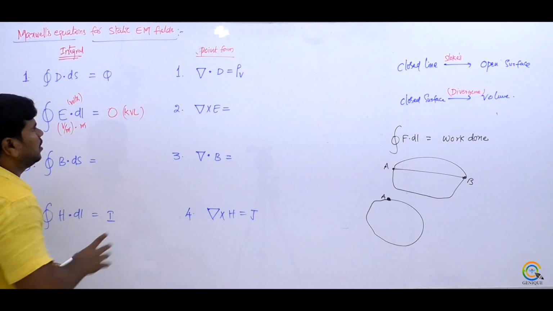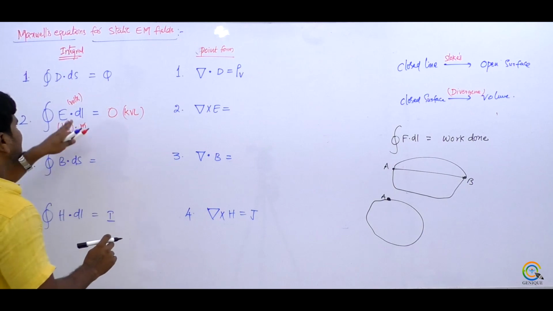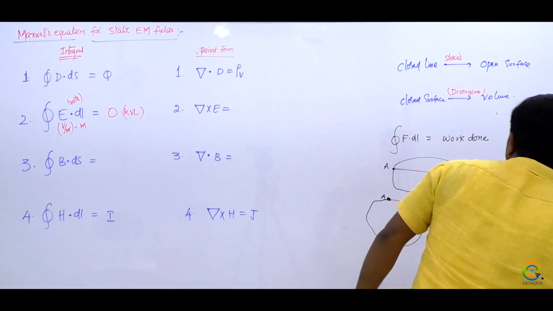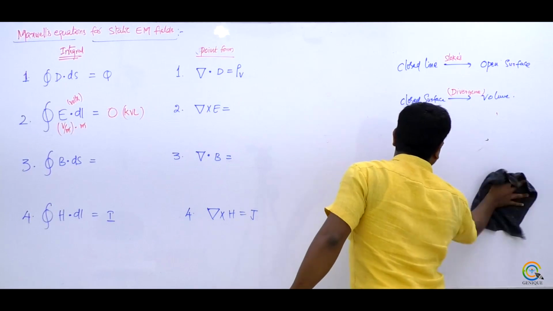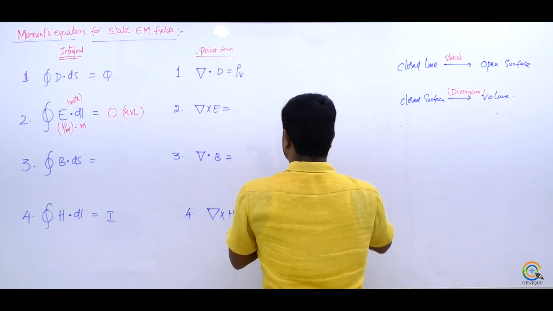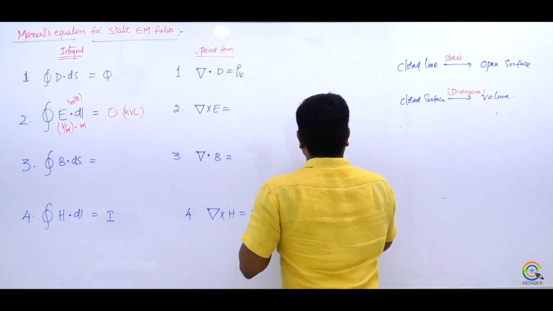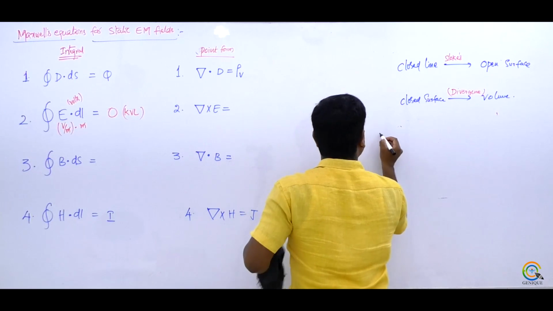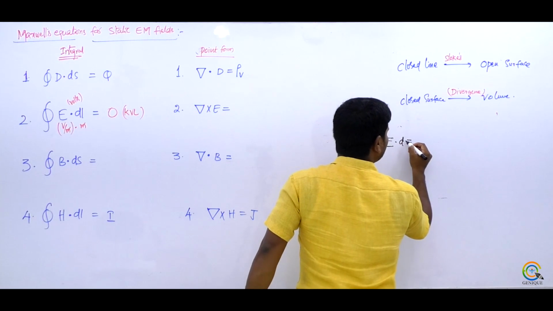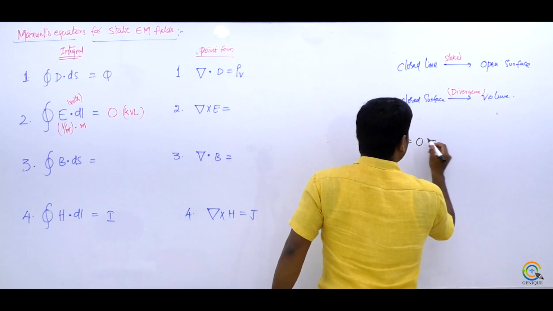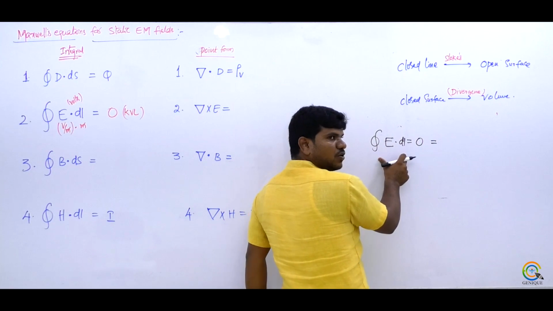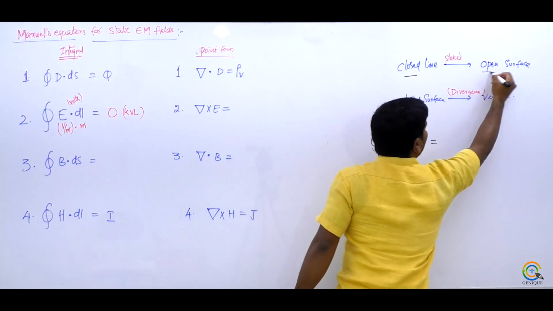Now, suppose I apply the Stokes theorem to the above integral. The closed integral of E dot dl is equal to 0. If I apply the Stokes theorem, I can convert this closed line integral into an open surface integral.